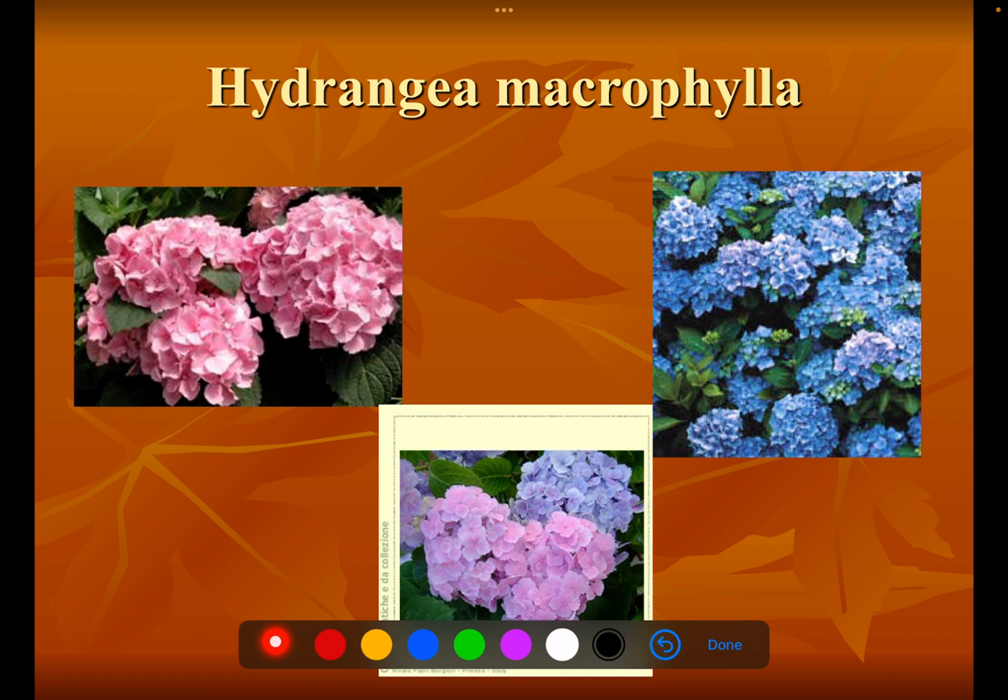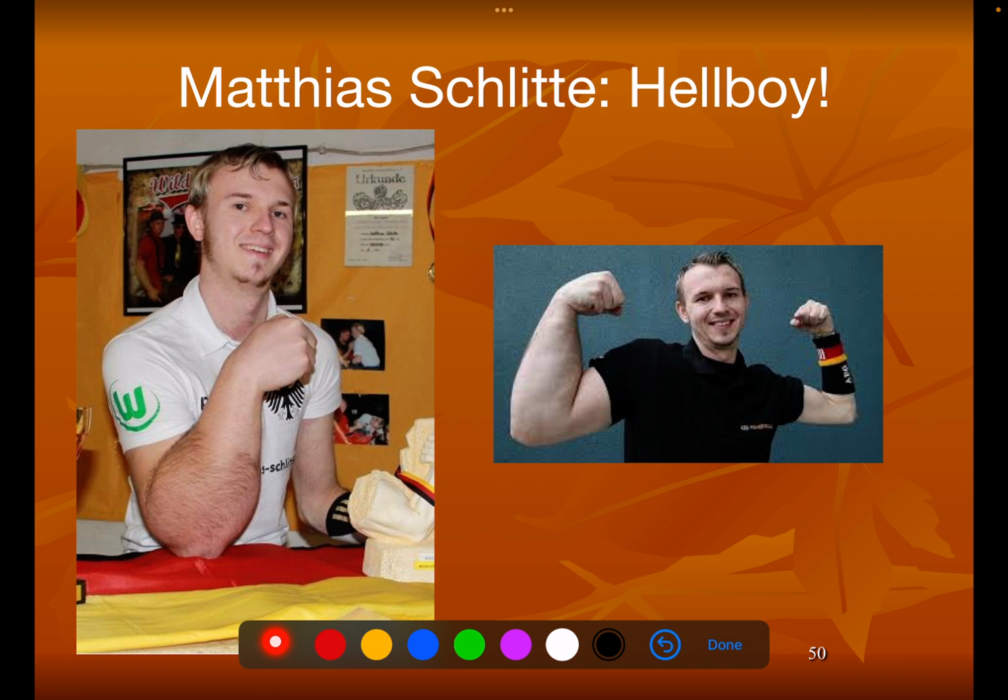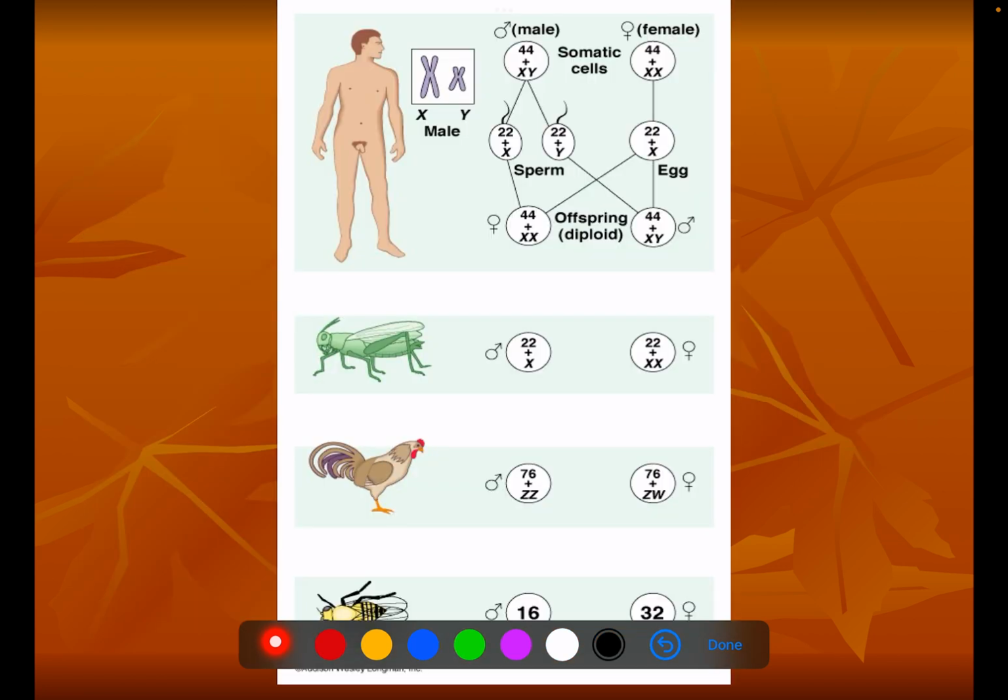These hydrangeas are affected by the soil pH. They change color in one pH. They go to a different color in another pH. So the pH of the soil has an effect on the color of the hydrangeas. That's just another example. All right, we don't have time for Hellboy, but let's talk about sex.